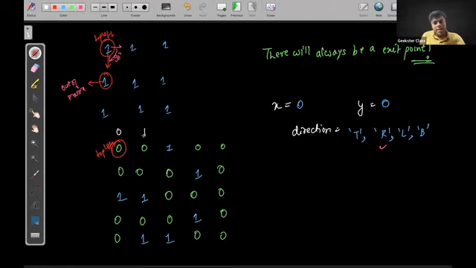If this is the 0th column, this is C1, this is C2, this is C3, this is C4. This is R0, R1, R2, R3, R4. So when can I say I have crossed the matrix and I have become out of the matrix?